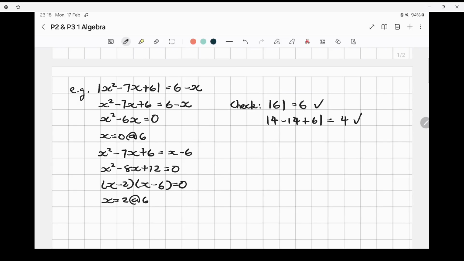The third one, 36 minus 42 plus 6 equals 0. So this is indeed true. Therefore x equals 0, 2 or 6.